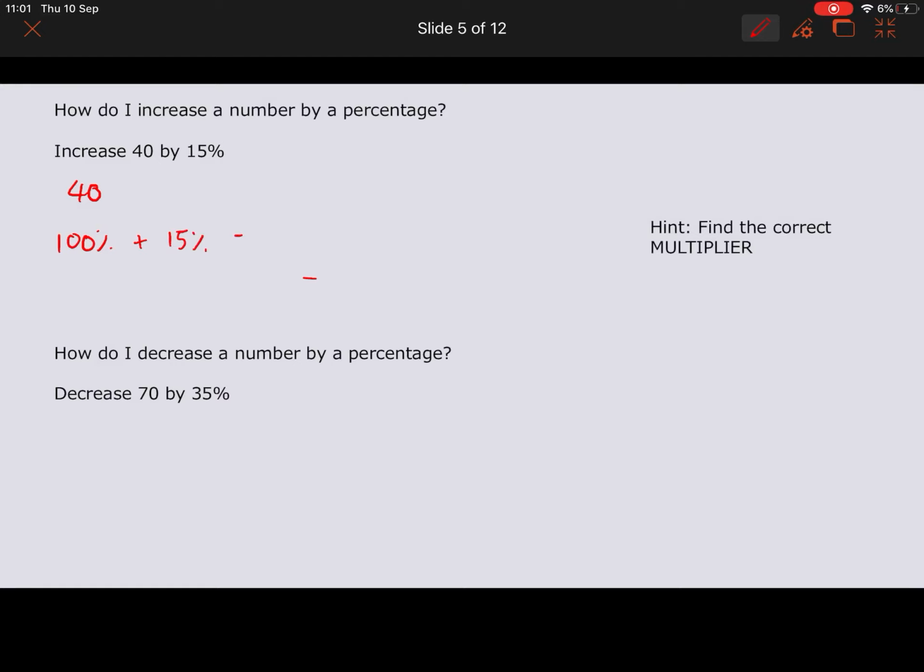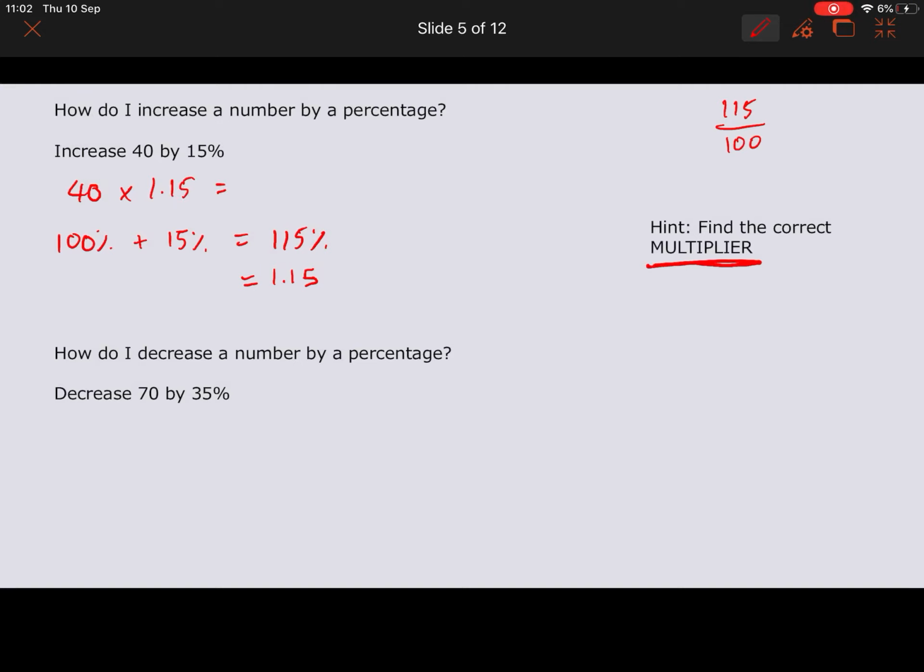But remember what I said last year is we're always going to start with 100%. So 100% is 40, okay? And what I want to do is I want to increase that by 15%. Well, that's 115%. Okay? So I now can change 115% into a multiplier, and I do that by dividing it by 100.